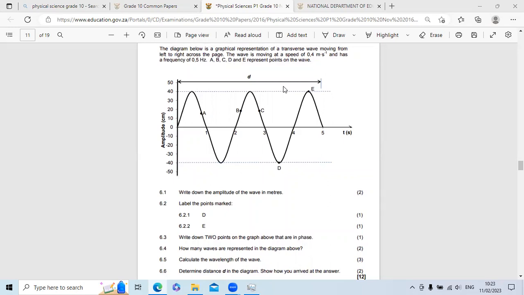Yeah, that's correct. So it's going to be 0.4 meters because you just take your 40 and divide it by 100. So that's how you convert from centimeters to meters.